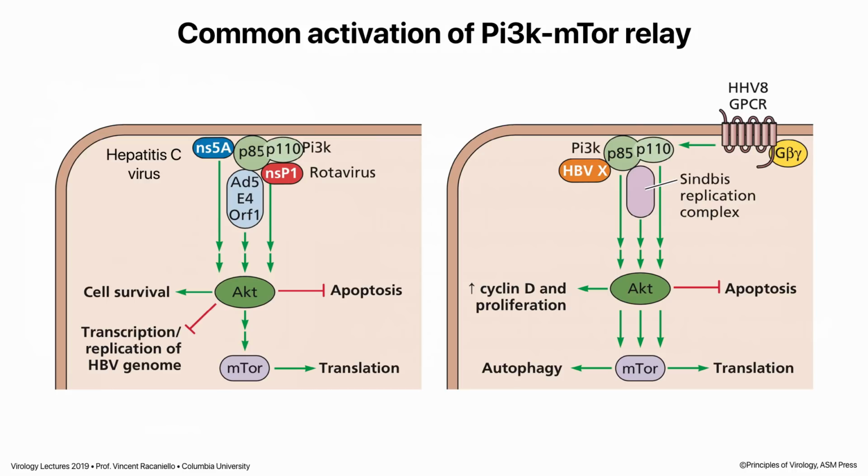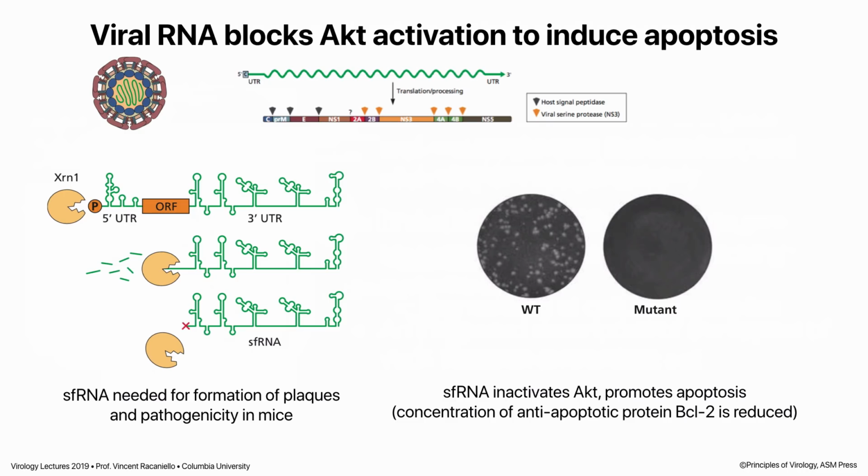And again, inhibition of apoptosis, because the virus will not be able to reproduce if a cell dies. Although in some cases, when reproduction is almost done, apoptosis may be beneficial for the cell to die and release virus particles. So there's always a balance between these two activities. So these are examples of how this relay can be used to influence the metabolic activities of the cell with respect to either living or dying.